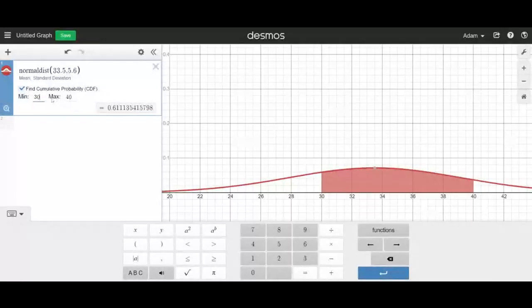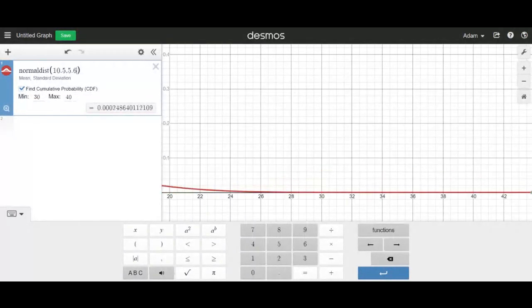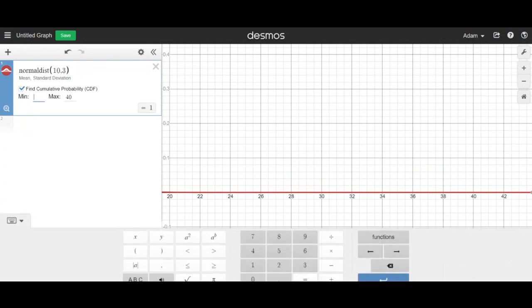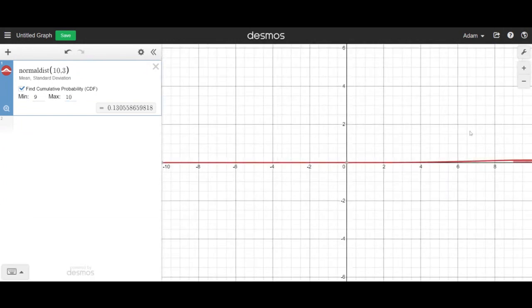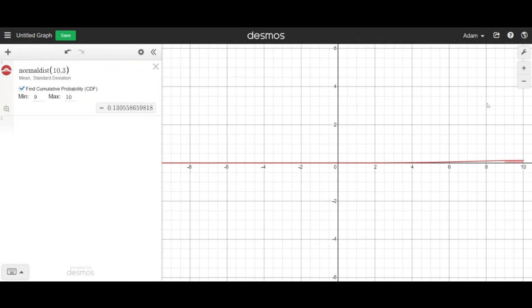Okay, so it's normally distributed, mean 10, standard deviation 3. Wait, let me get the 5 out of there. There we go. On the slide it says between 9 and 10, right? If you press home here, it takes you back to the origin.